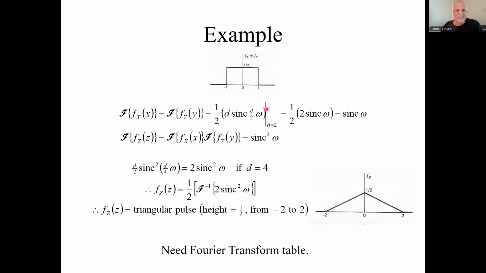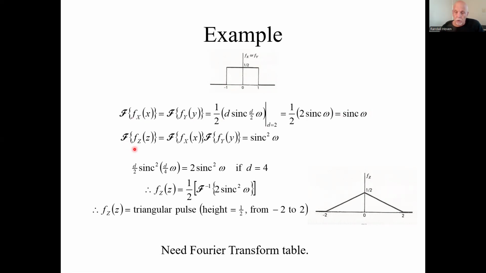And we find this thing in the Fourier table, which was the Fourier transform of a symmetric pulse of extent d. Here, d is from -1 to 1, it's an extent of 2. So here's the Fourier transform of x, and the Fourier transforms of their PDFs.